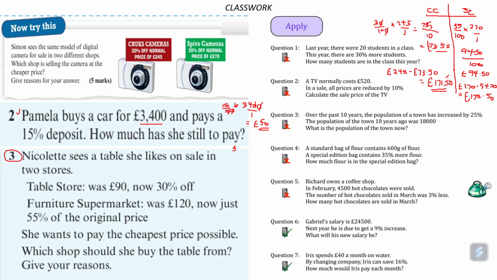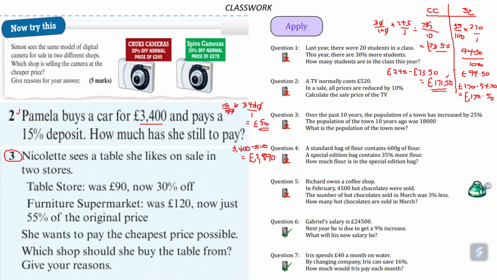So that will be 3,400 minus 510. Therefore, Pamela will still need to pay 2,890.